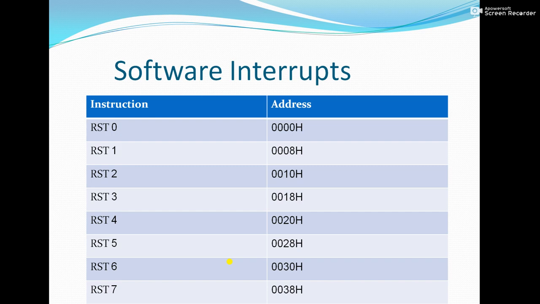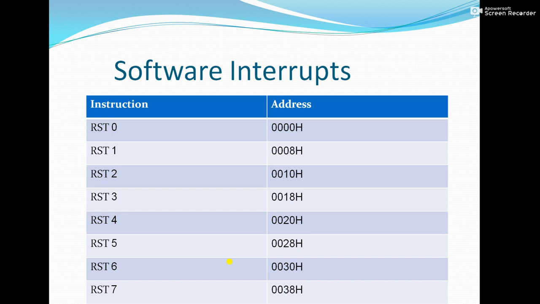So here are the instructions of the software interrupts with their vector addresses. The instructions are from RST0 till RST7. Now, vector address of RST0 is 0000H. RST1 vector address is 0008H. RST2 vector address is 0010H.